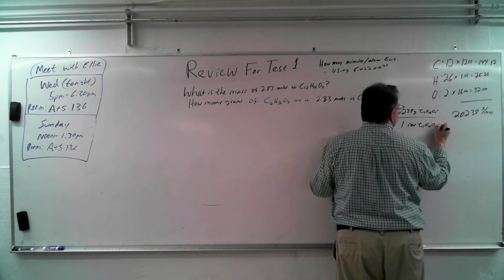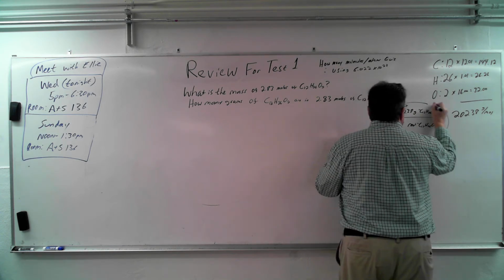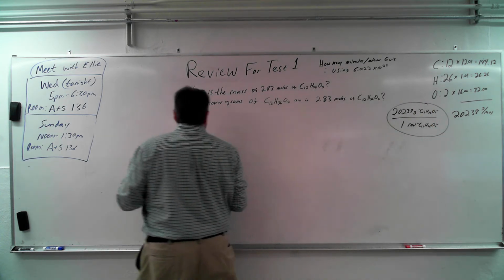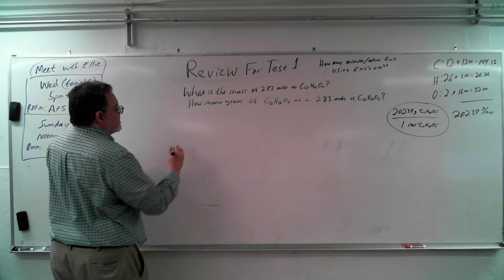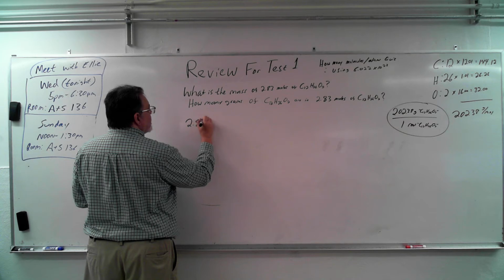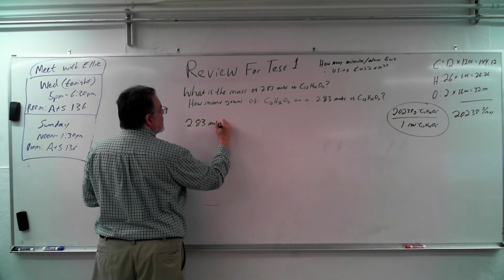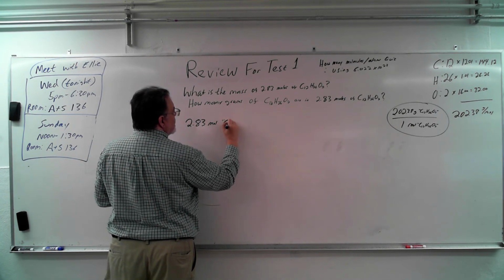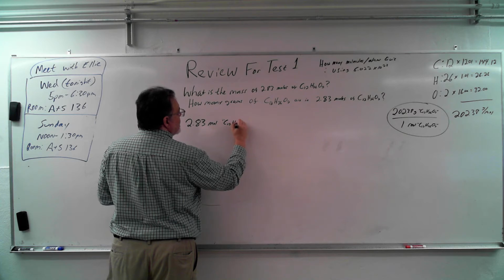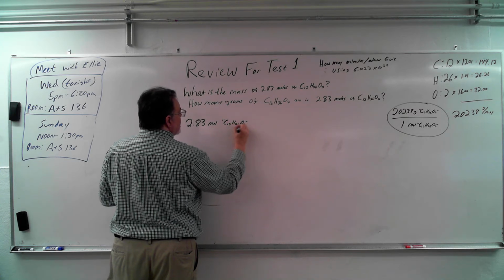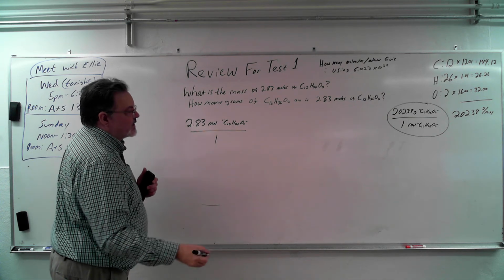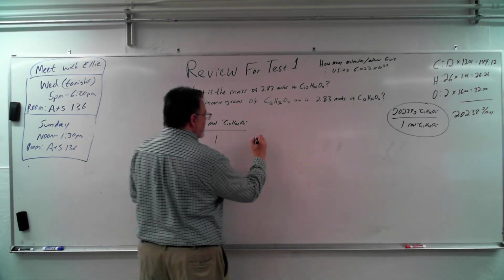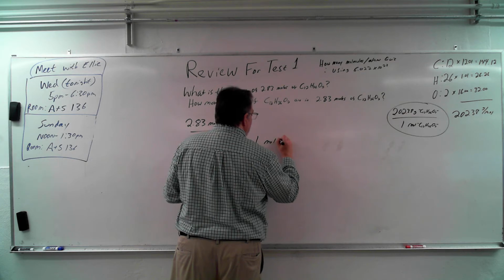The fact that grams is mentioned means you're going to need that, grams per mole. That's given in the problem. And now you're going to need the grams per mole, moles on the bottom. So 1 mole.